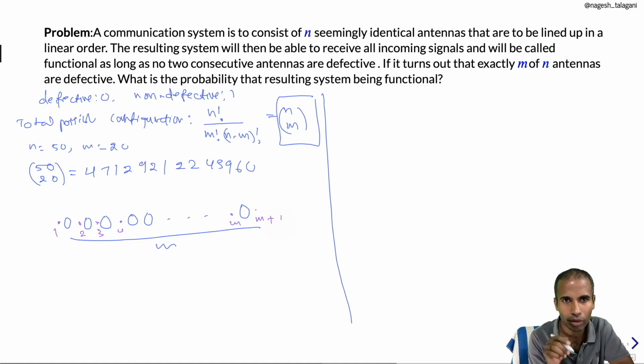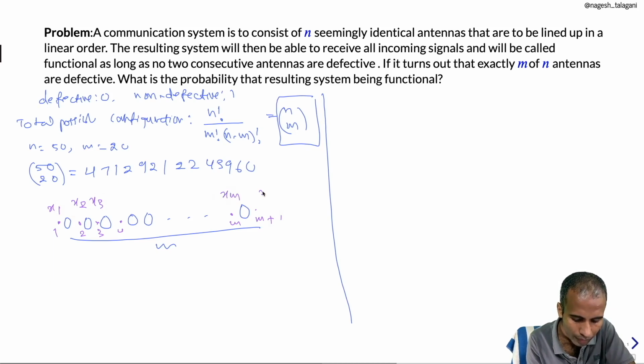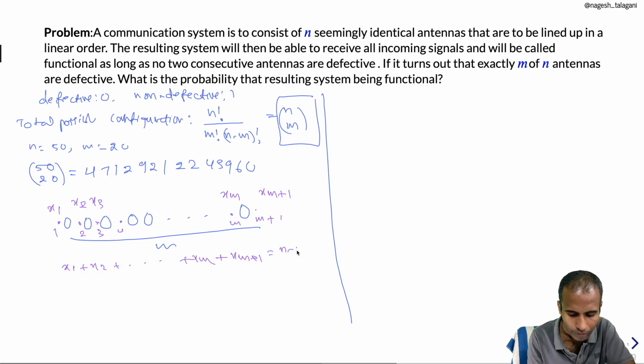But we want to throw them in a way that the resulting system is functional. For that, let's say I'm throwing x1 ones here, x2 ones here, x3 ones here, so on, xm ones here, and xm plus 1 here. Then x1 plus x2 plus so on, xm plus 1 should be the number of ones we have, that is n minus m.